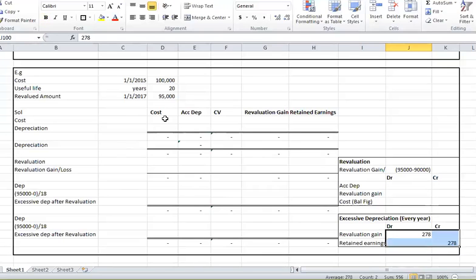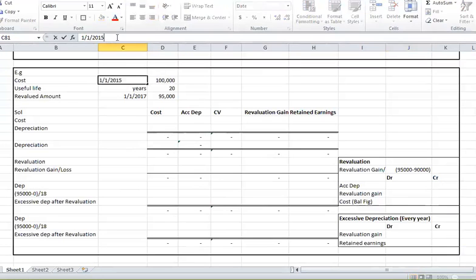Okay, so suppose we have purchased an asset on 1st Jan 2011, and its useful life is 10 years.